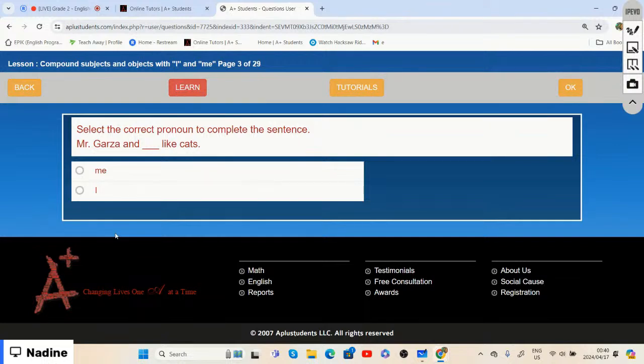Remember we said that a subject pronoun comes more like at the beginning of a sentence, right? So even if I were to remove Mr. Gaza and, do I say I like cats, or does that sound like me like cats? The subject pronoun comes before the action verb.